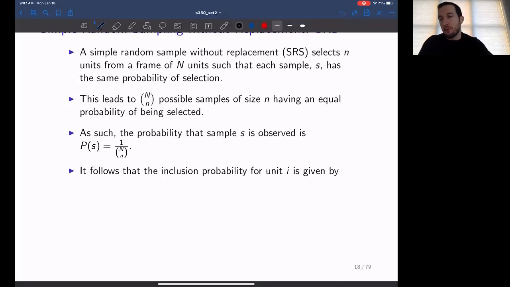Now, the probability of observing each sample would then be 1 over capital N choose little n in the situation where we are sampling without replacement.